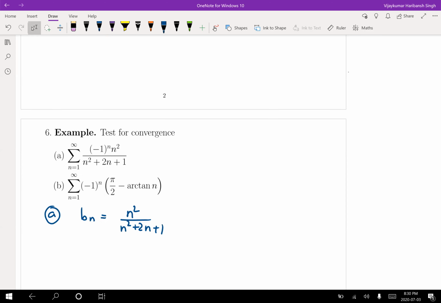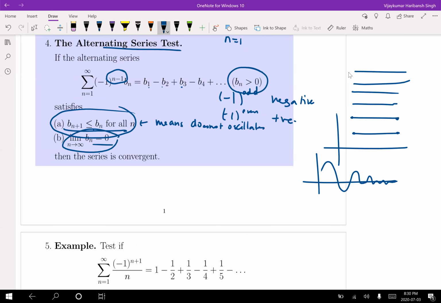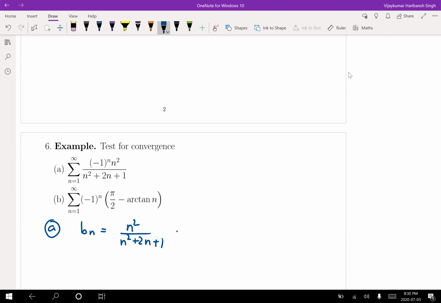Now, sometimes instead of checking the first condition, why don't we check the second one, right? If you check the second one, what do we get? The limit as n goes to infinity of Bn is not 0. Therefore, forget about the alternating series test.